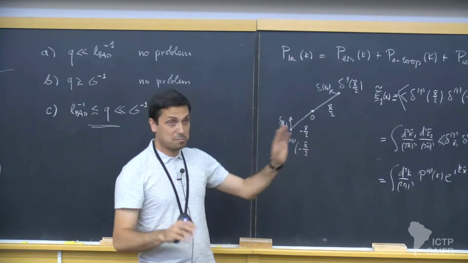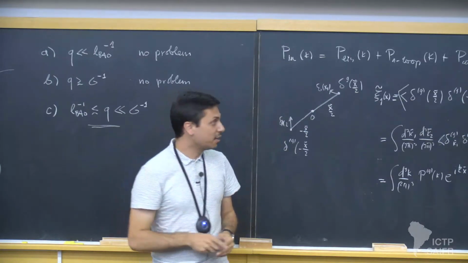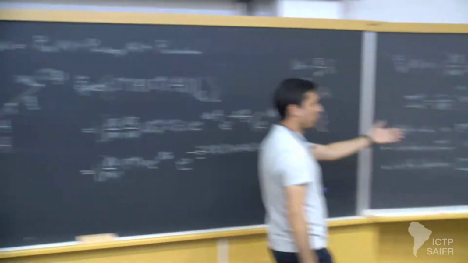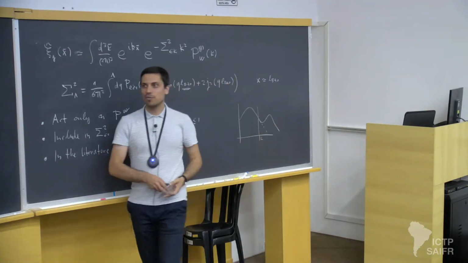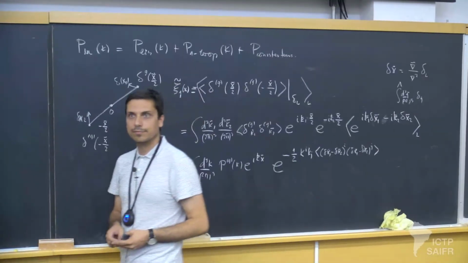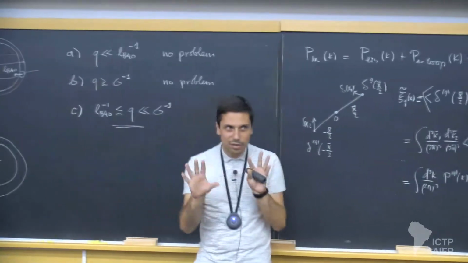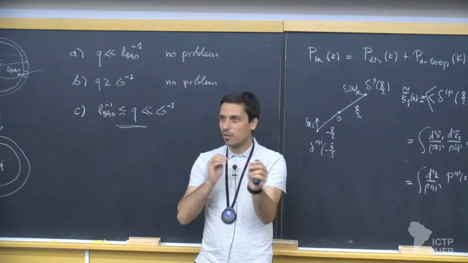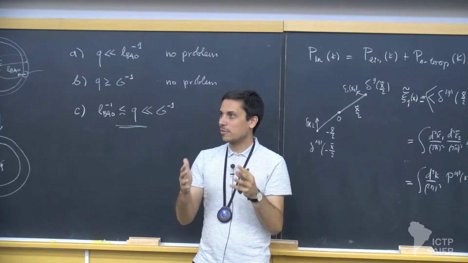Well, this procedure order by order works always better and better. And no matter what happens, no matter what the funny shape of the linear power spectrum is, if you have some power on small scales or not, it will give you a sensible answer. Because we did a proper treatment and understood really where the issue is, how to deal with it, and kept only terms that make sense.